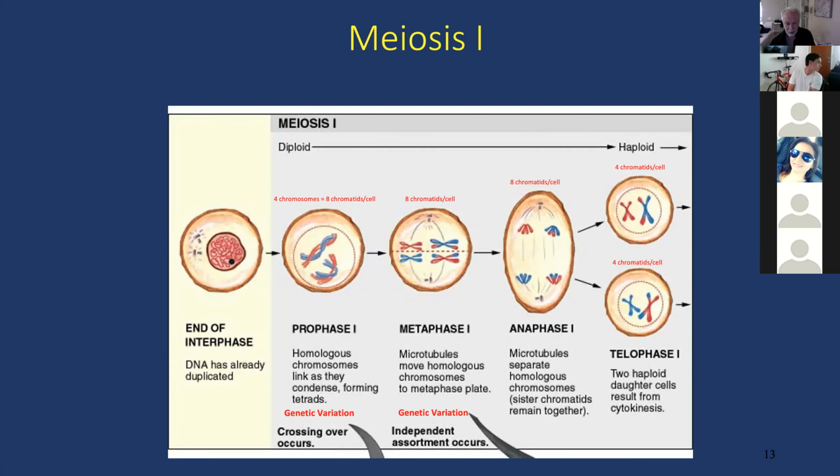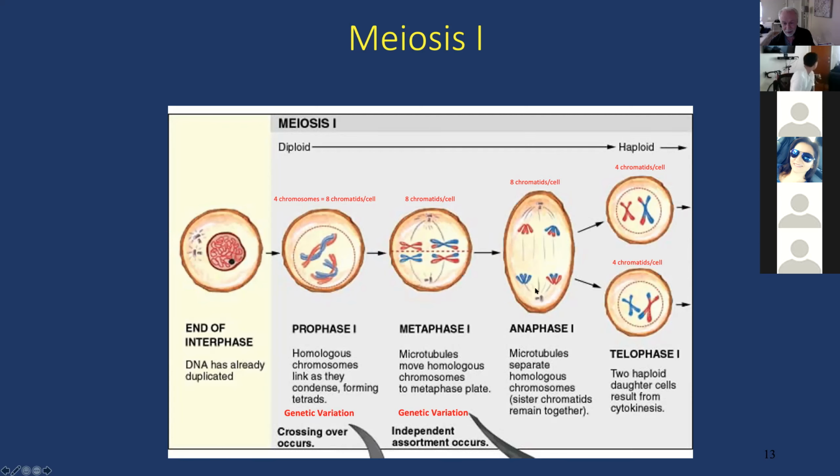So any given chromosome can go to one side or can go to the other, and that choice, it's not really a choice, it's just a random event. So that is a source of genetic variation, which side of the cell the chromosome goes to in metaphase 1.